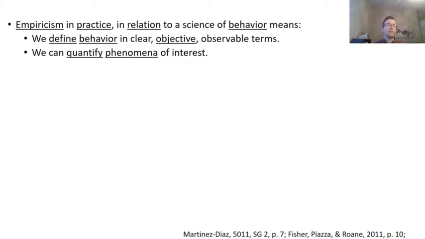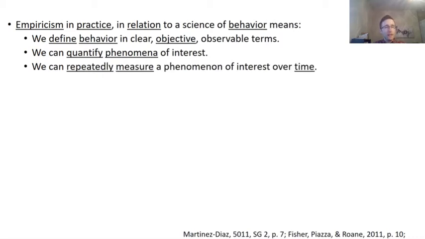So there's the assumption that we can measure dimensional quantities of behavior: count, rate, latency, IRT, duration, acceleration. And we can repeatedly measure a phenomenon of interest over time. That's due to the fundamental property of repeatability.